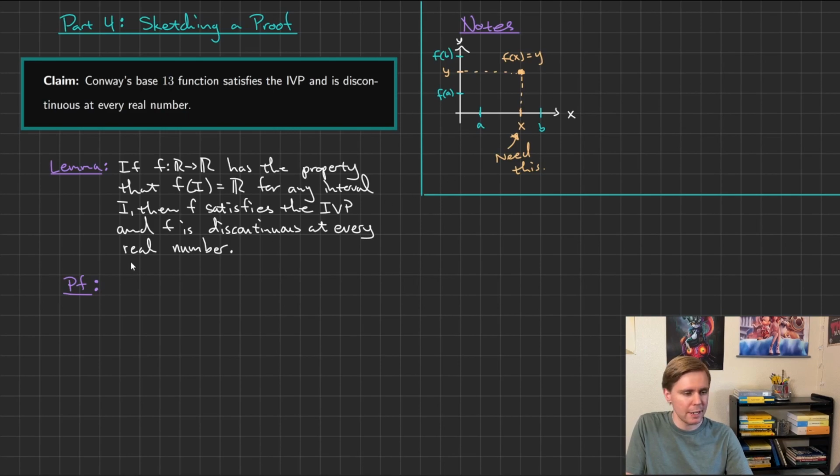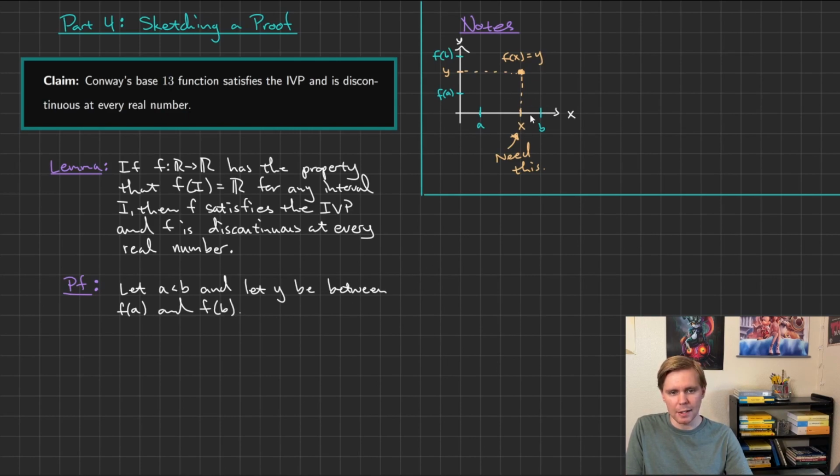So let's go ahead and just say the following. Let a be less than b, and let y be between f of a and f of b. I need to show that this x value exists, but this is immediate from the property of the function that we are demanding right here.